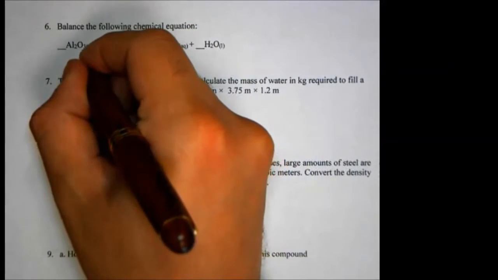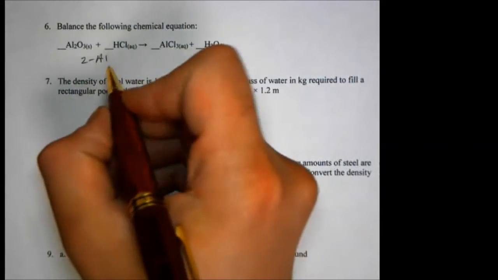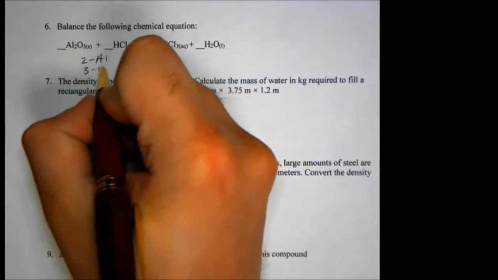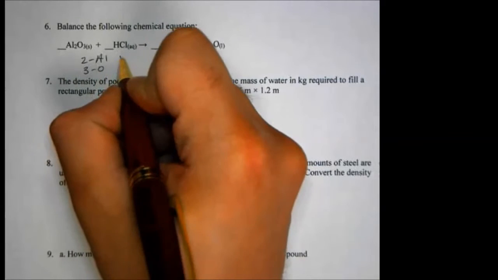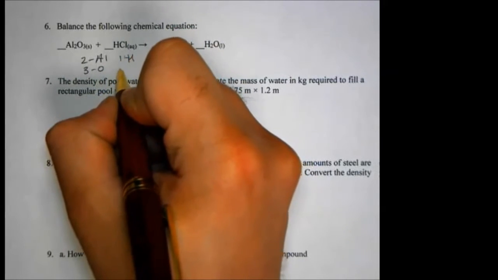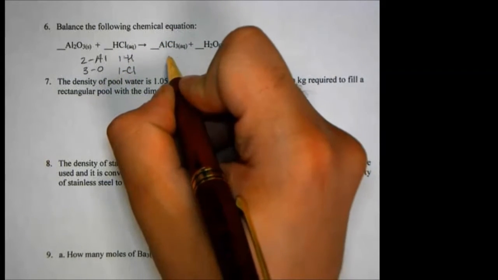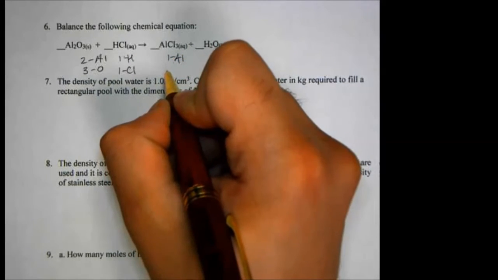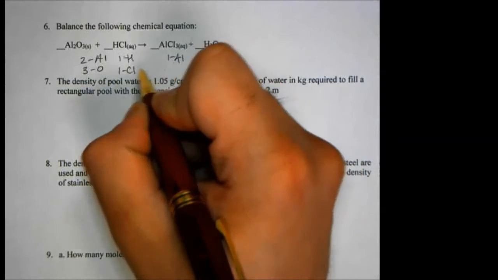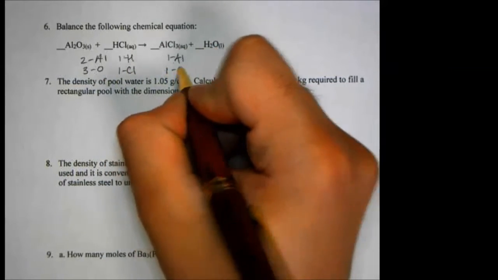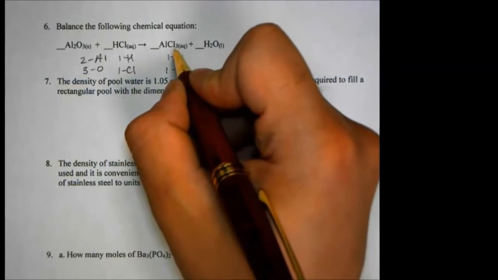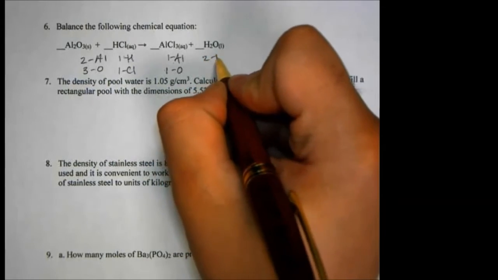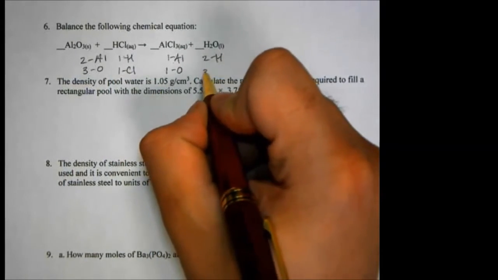On the left, I have 2 aluminum, 3 oxygen, 1 hydrogen, and 1 chlorine. On the right, I have 1 aluminum, 1 oxygen, 2 hydrogens, and 3 chlorines.